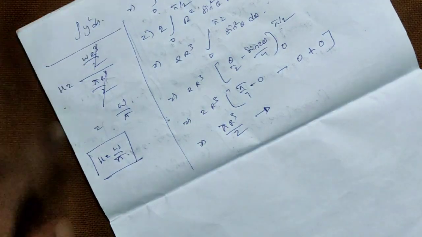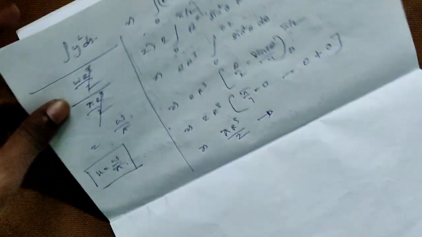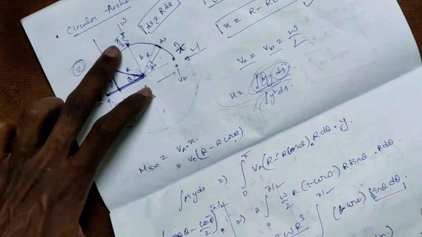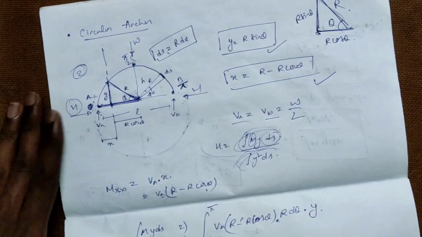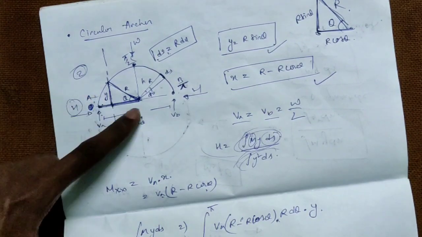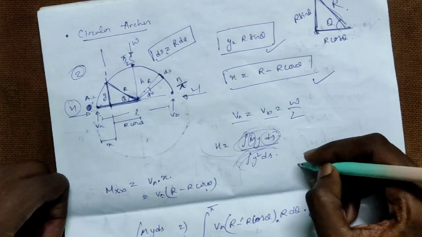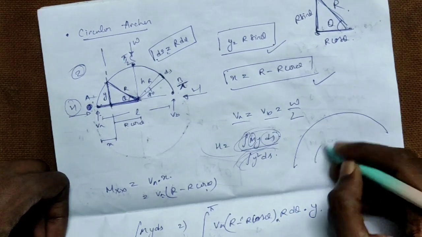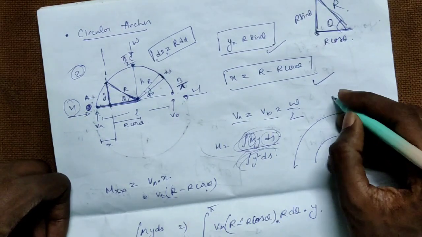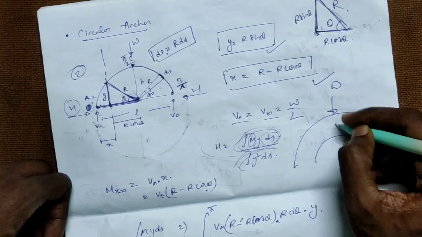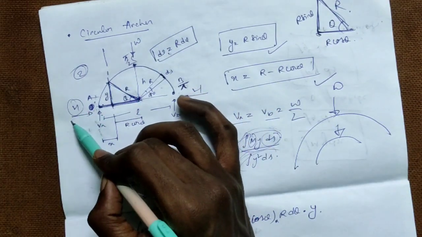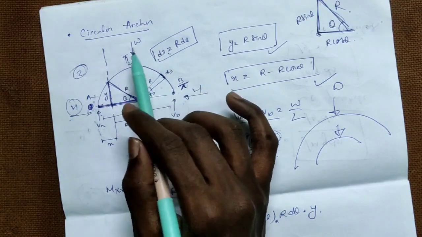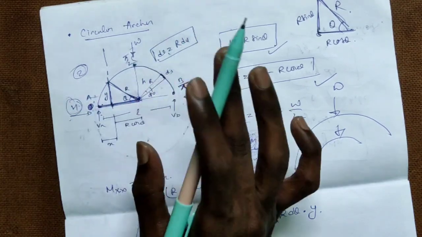So for a circular hinge with the point load acting at the center, this horizontal thrust h is independent of the radius. However big or small the arch may be, it mainly depends on the load acting on the arch. So h depends on W.